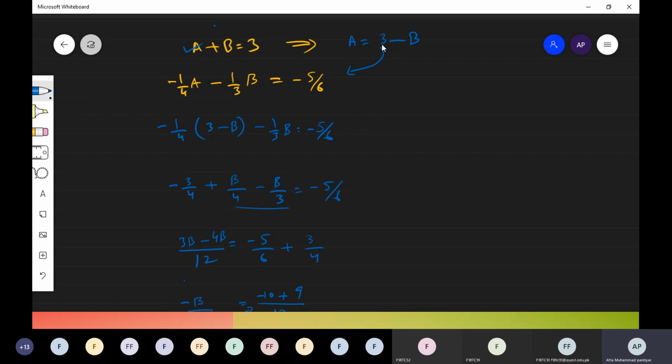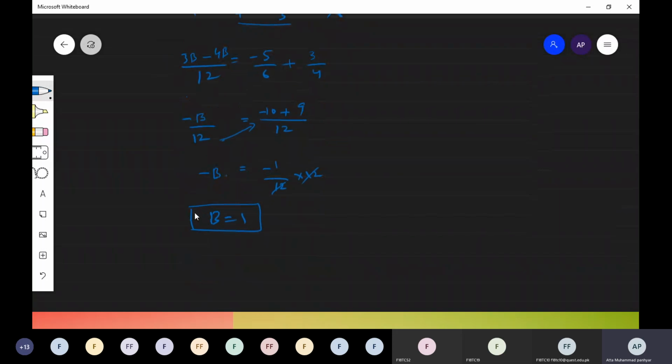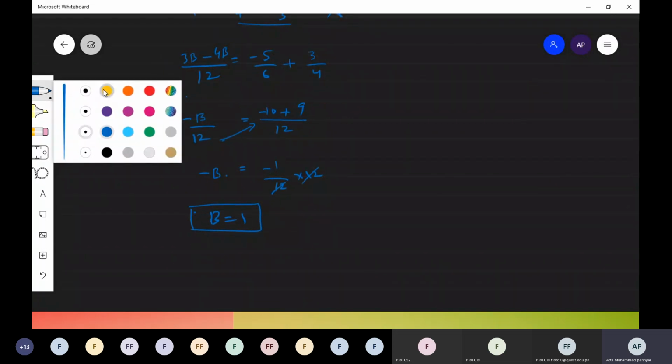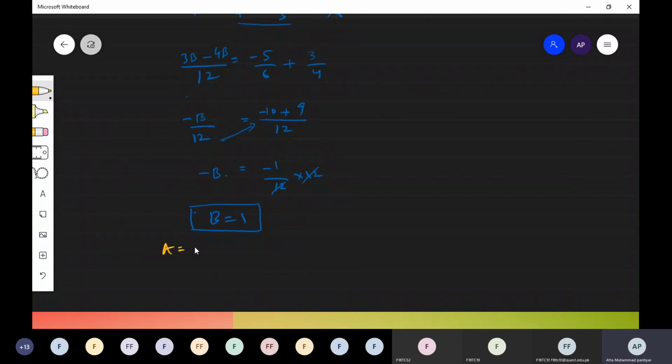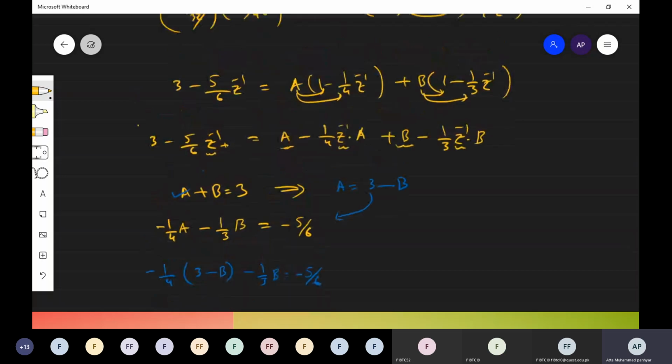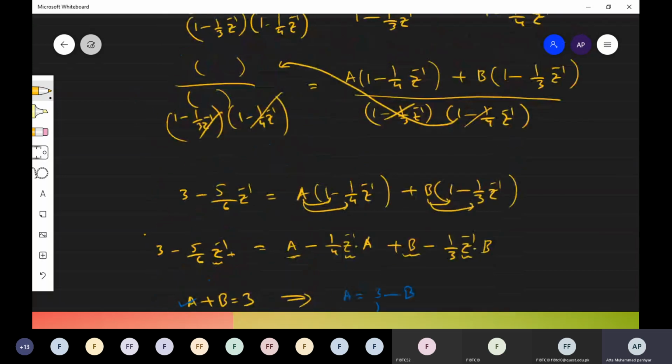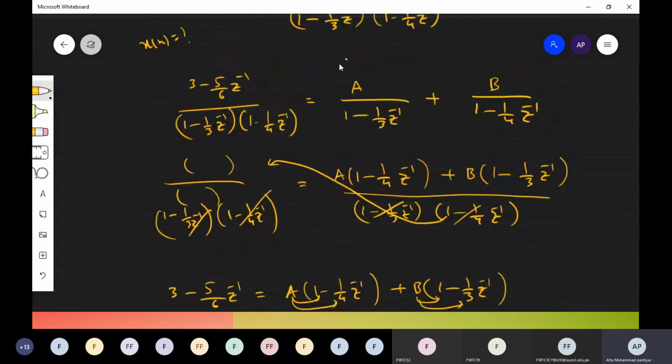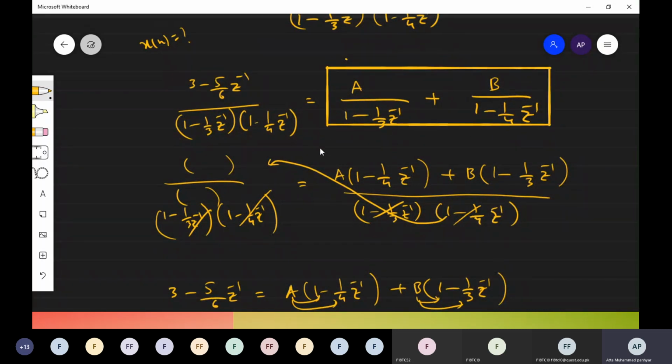So a is equal to, you can see a is equal to 3 minus b. Then a must be equal to 3 minus 1, which is equal to 2, right? Now what we need to do is substitute these values into the initial equation which we found using partial fraction, right?